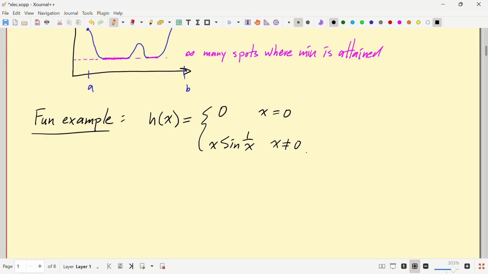That thing was squeezed between plus and minus x, and it wiggles like hell as you get near the origin, but the wiggles get smaller and smaller and get squished into 0. So it's continuous.